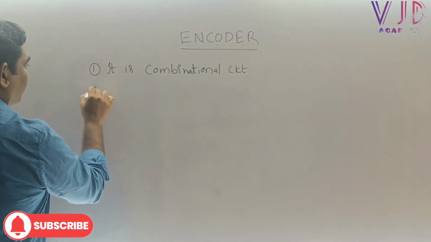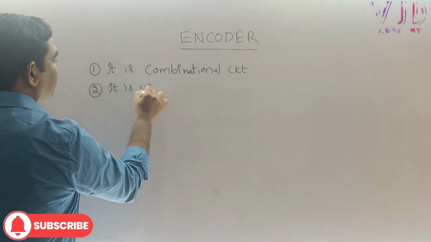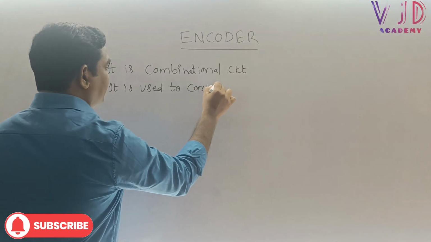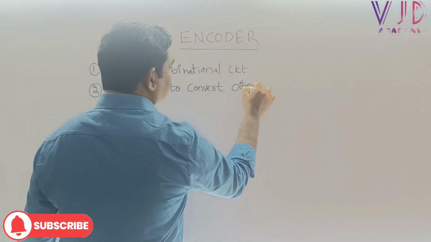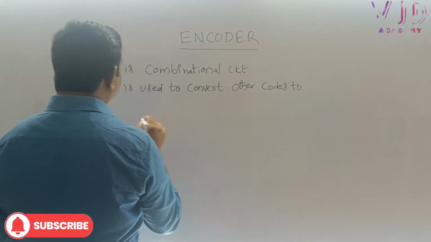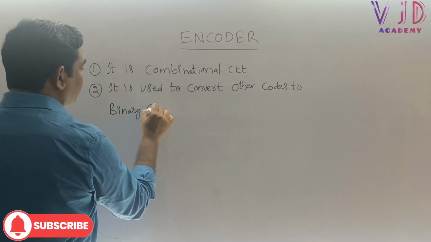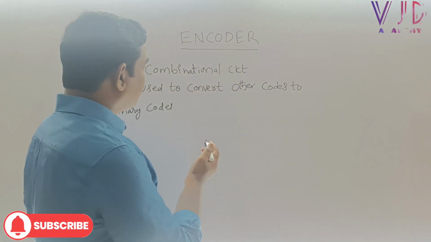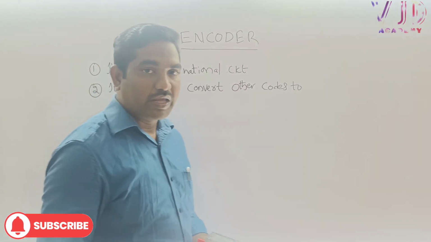And then the important point is, it is used to convert other codes to binary codes. A very, very important point. The second point, it is used to convert other codes to binary codes.